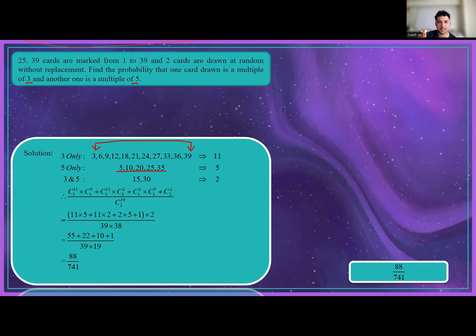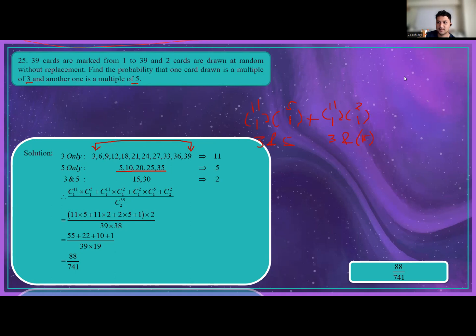Now we need to find the probability in total. First, 11 choose 1 and 5 choose 1, this is for 3 and 5. Next is 11 choose 1 and 2 choose 1, this is for a multiple of 3 and a multiple of 15.